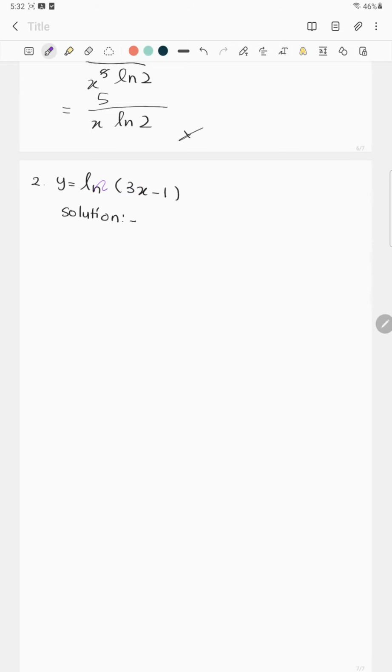So this is what we need to differentiate. dy over dx, since we need to differentiate with respect to x, equals to, if you differentiate ln we get the rational function, 1 over the whole expression, which is 3x minus 1.